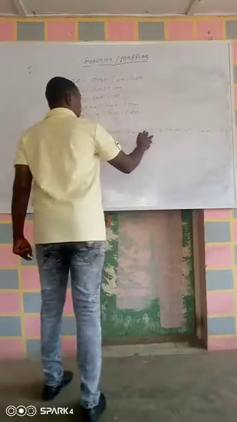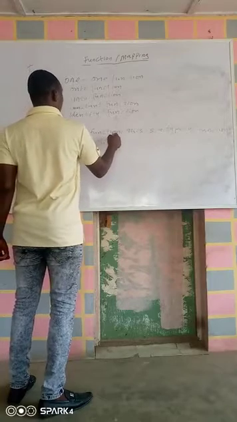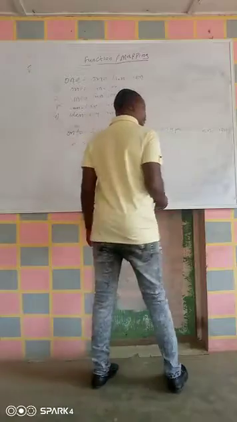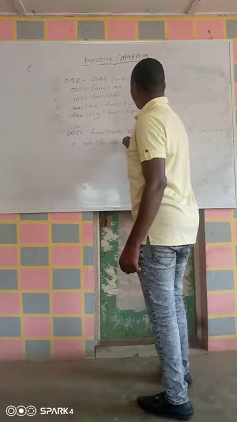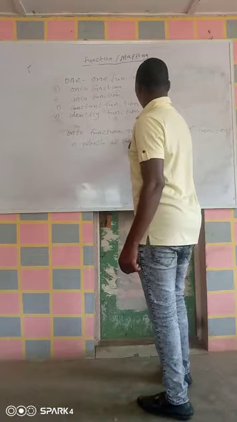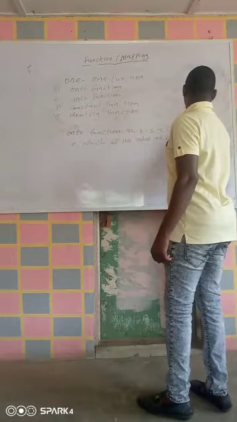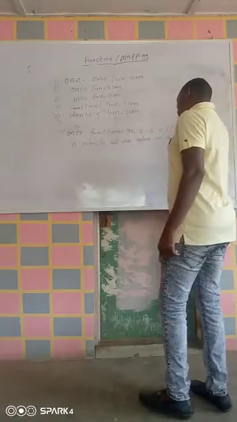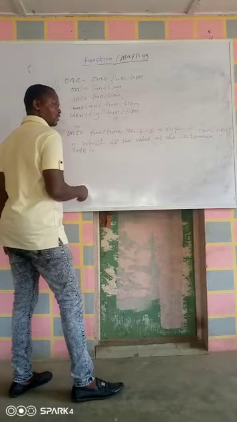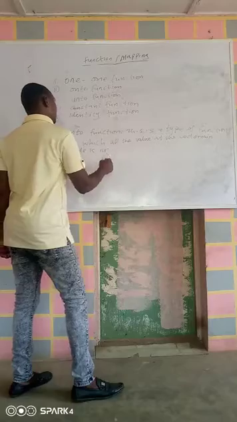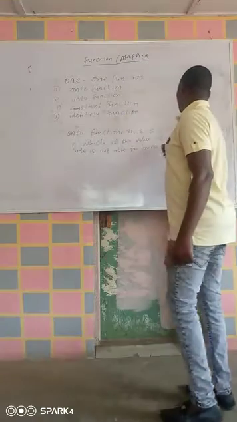This is a type of function in which all the values at the codomain side are not able to form a range.